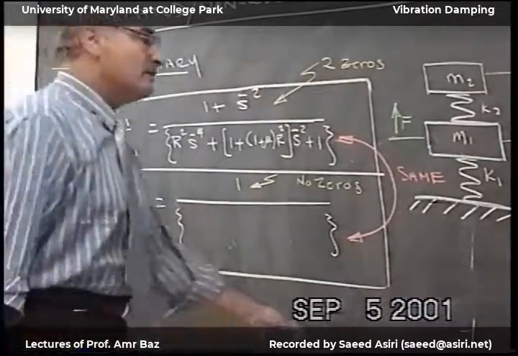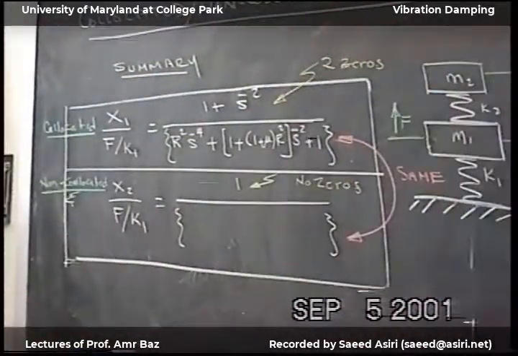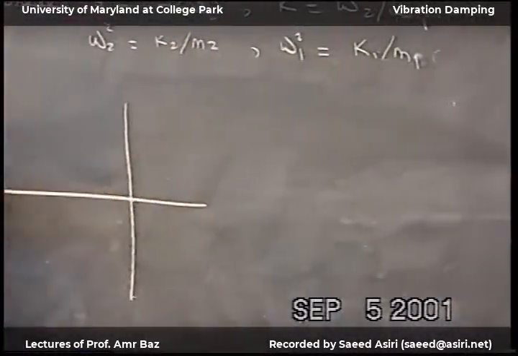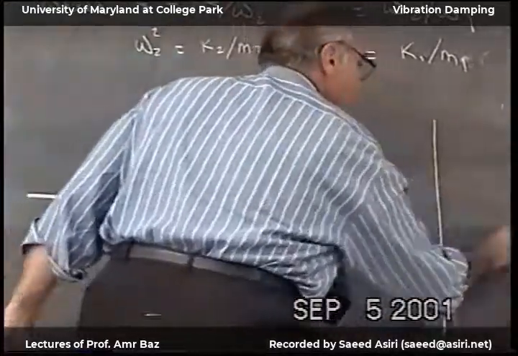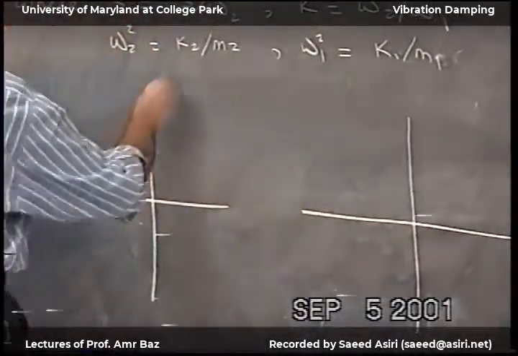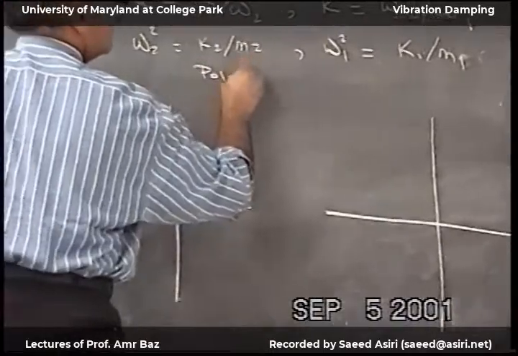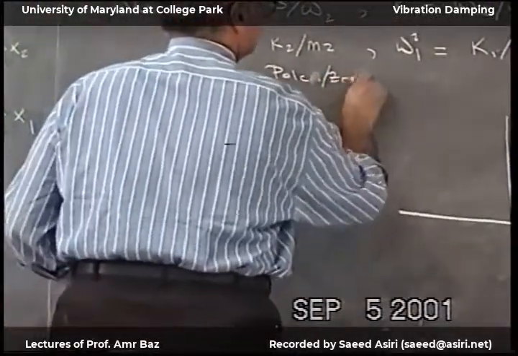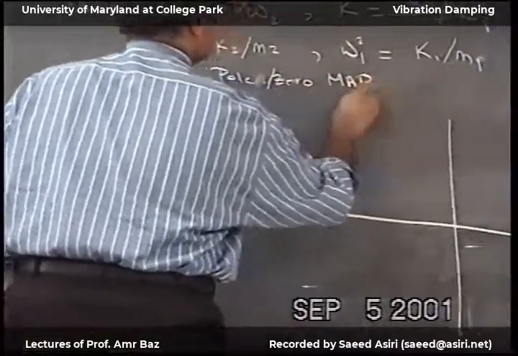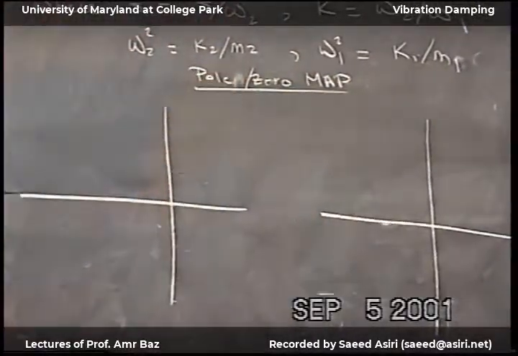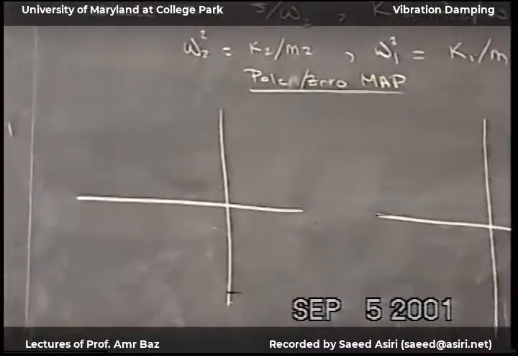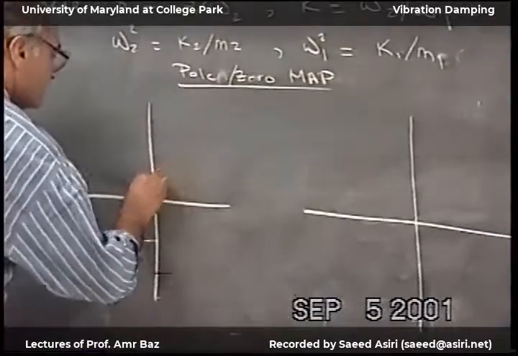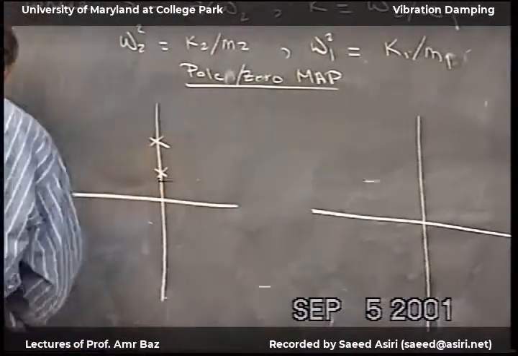Okay, and then we drew the map for the poles and the zeros. And for the first case, we have two zeros and four poles, and they look like this.